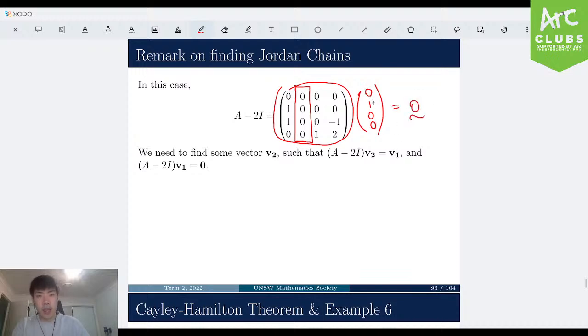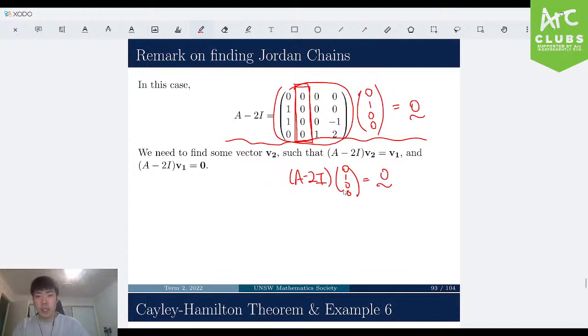Because we only have a 1 in the second entry of this vector, which means out of this matrix, it will just exactly extract out the second column. And that's exactly what we want, right? We want to end up with a 0 vector eventually, okay? But that's not good enough, right? This thing we just figured out tells us that A minus 2I times 0, 1, 0, 0 gives us a 0 vector.